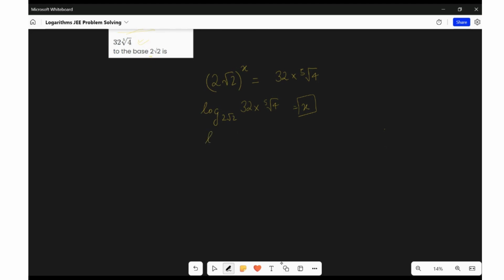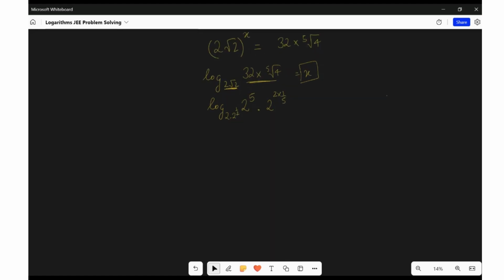Now we need to completely turn it into terms of 2, since 2 is common in both of them. So 32 can be written as 2 to the power 5 and 4 can be written as 2 to the power 2, into 1 by 5, because 1 by 5 we already have that. Alright, and root 2 can be written as 2 to the power 1 by 2, right?